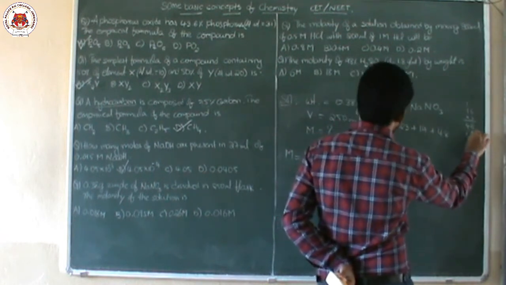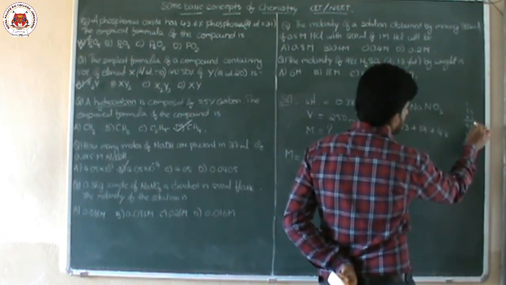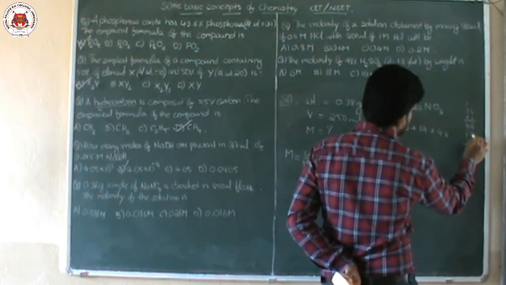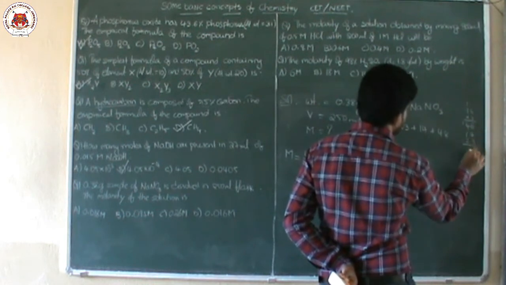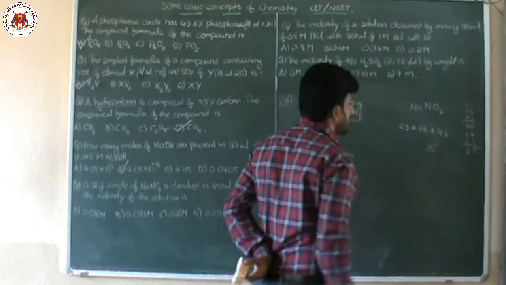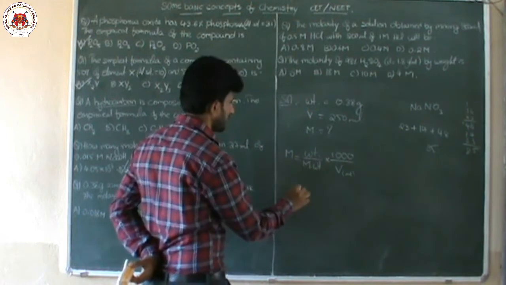So it is 48 plus 14 plus 23, which is 85. 85 is the molecular weight.